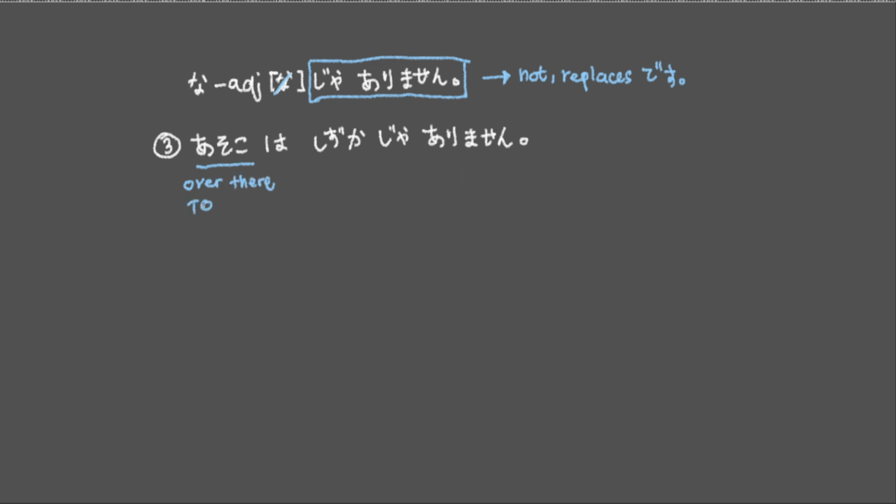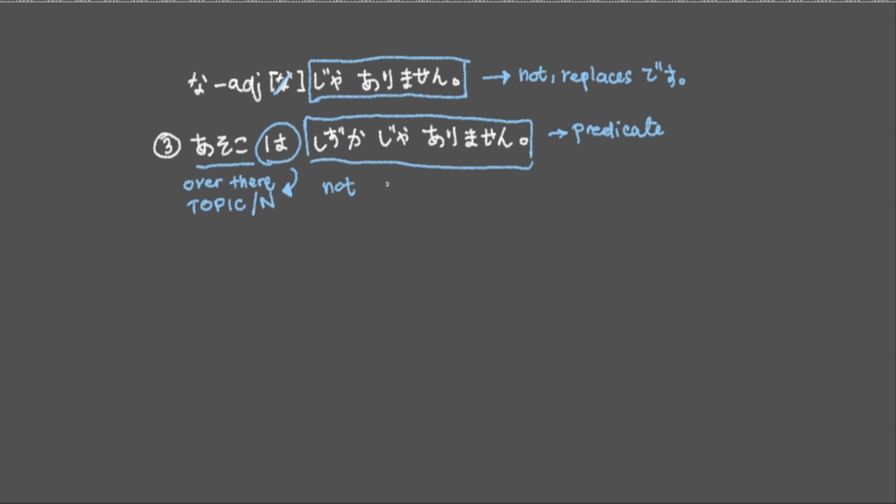This is the topic of the sentence or the noun. Wa, particle that marks this noun as the topic of the sentence, and then we keep circling back to our first principle. This is the predicate. And this one means not quiet.